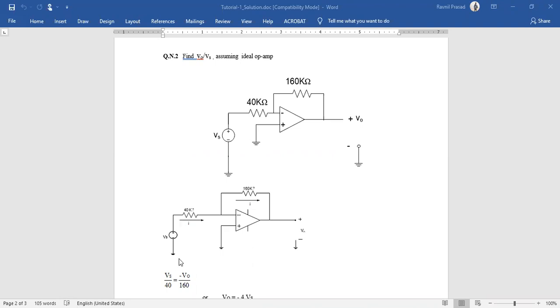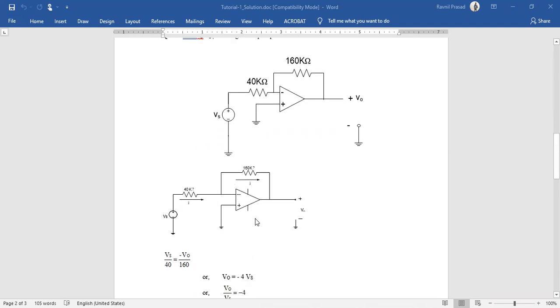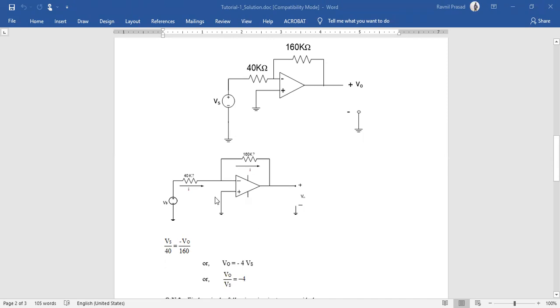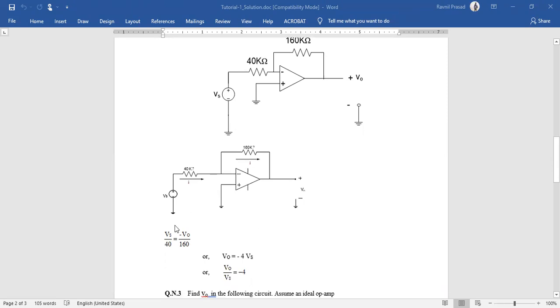In this branch, whatever current we have will flow in this direction. Since this node is virtually grounded, whatever current flows through here just directly flows to this resistor as well. So the direction of flow of the current is somewhat like this. Again, performing the nodal analysis, the current flowing in this branch is equal to the current flowing in that branch.